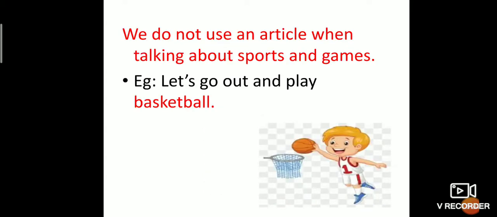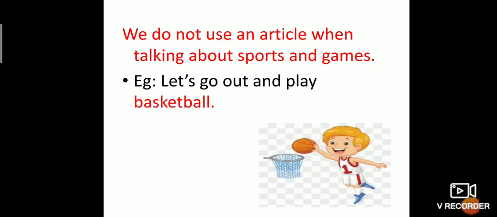We do not use an article when we are talking about sports or games. Here, please don't get confused. I am not talking about any competition. A particular game like basketball, cricket, football, means we are only talking about a sport, only talking about a game. So we'll not use any article.